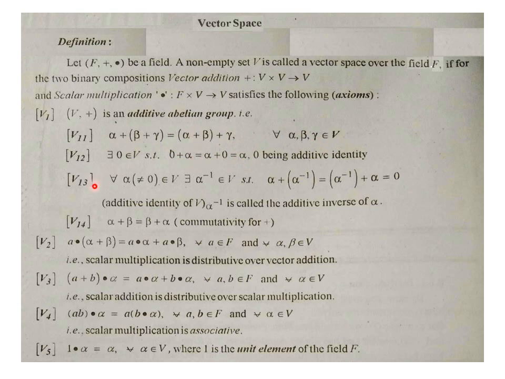Then we will mix set F also in V13, that is V13 and 14. In all four cases, V11 to V14, we will talk over set V only. Then from V2 to V5, F and V mix.